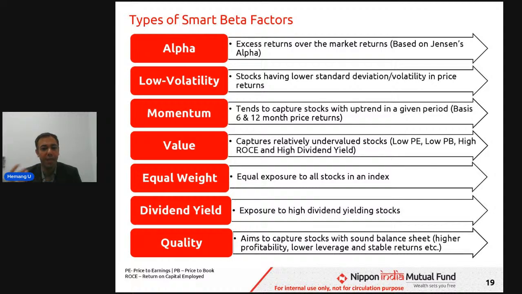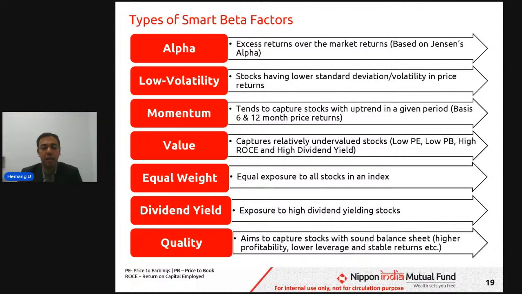Momentum, in science or by the general common term, is just movement, right? Momentum is when you toss a ball, you roll a ball and it keeps moving. So by that terminology, it is basically trying to capture the stocks which have already gained an upward trend or upward trajectory, right?